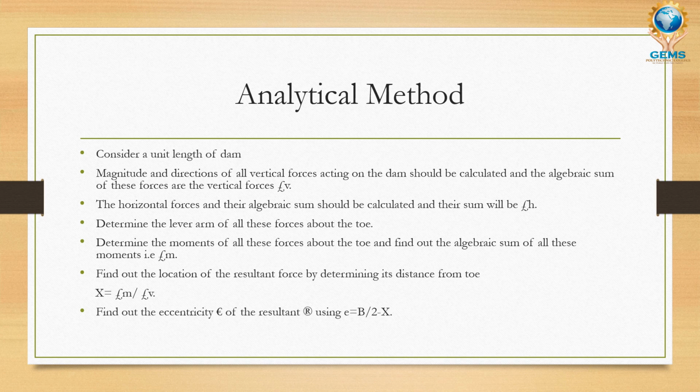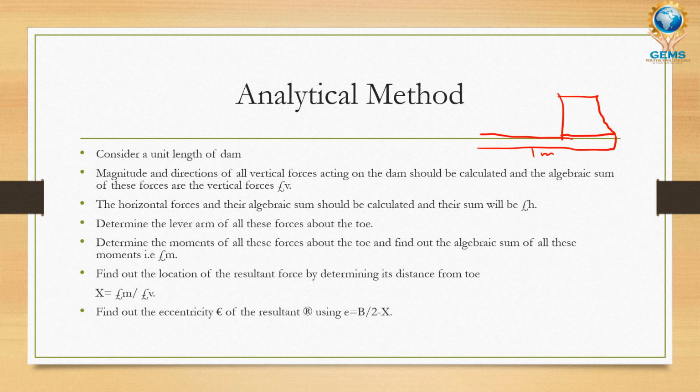In this slide I am going to explain the analytical method which is used for the analysis of a dam against its modes of failure. You consider a gravity dam like this, with a unit length of 1 meter.